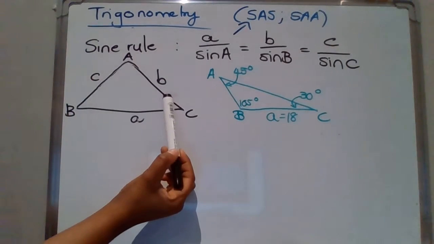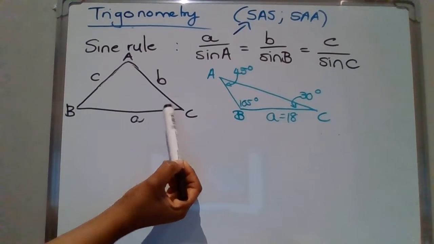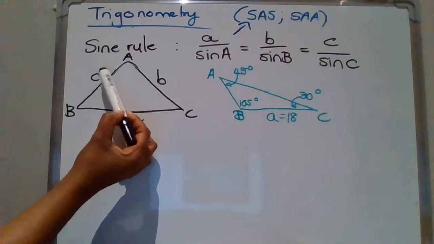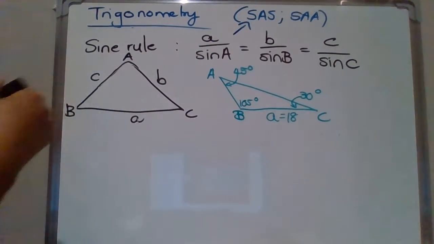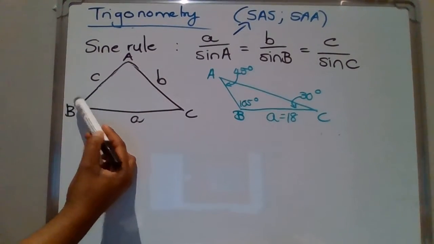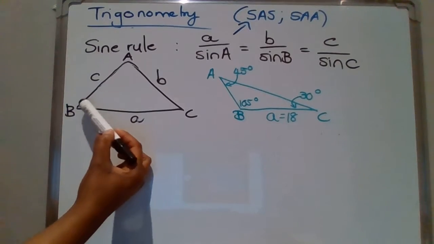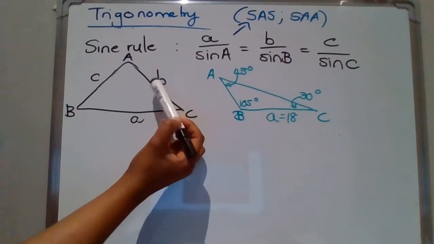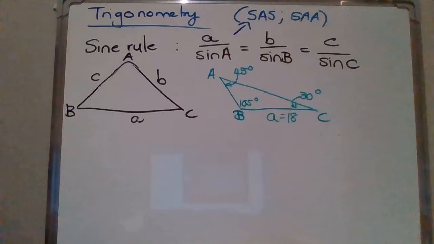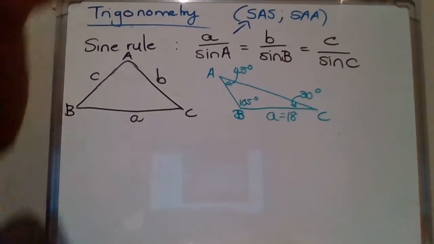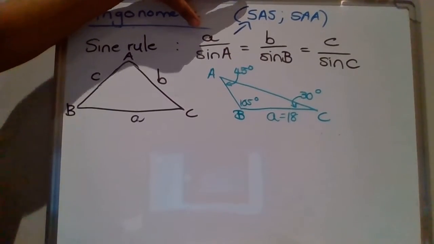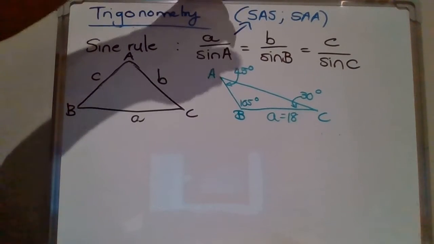The side that is opposite angle C, we call it small letter c. That's the naming convention. If you have angle B, then the side opposite angle B will be small letter b. So then the sine rule says you have the following ratios are the same.